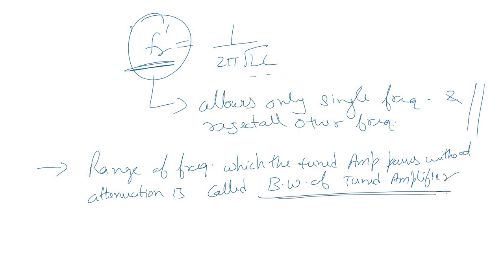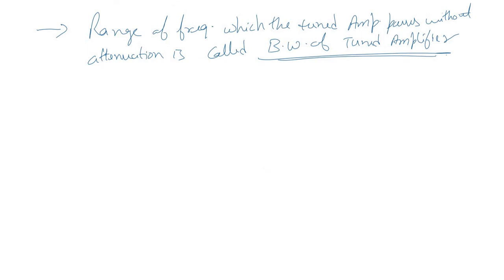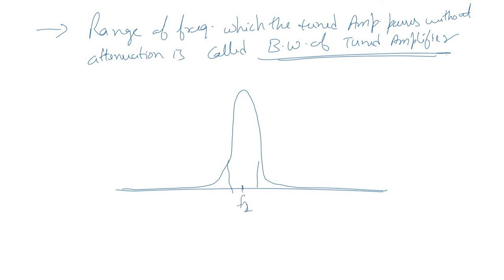This bandwidth should be as small as possible for a higher quality factor, or higher quality of reception, and I'll give you the reason why. Let's say this is the scenario and this is the bandwidth, the band of frequencies that are getting passed, with FR the resonating frequency.